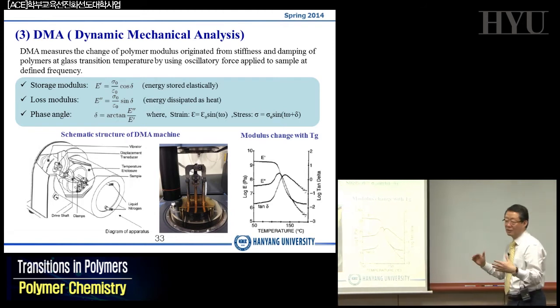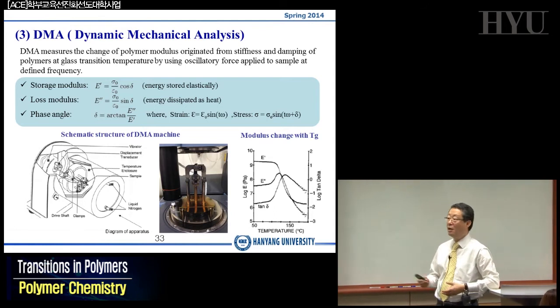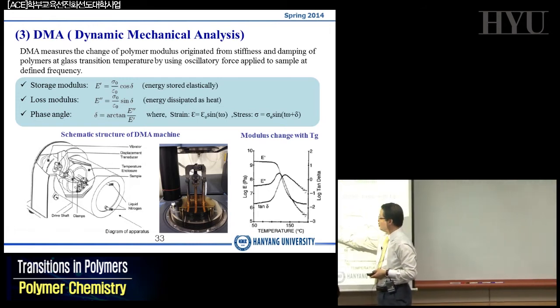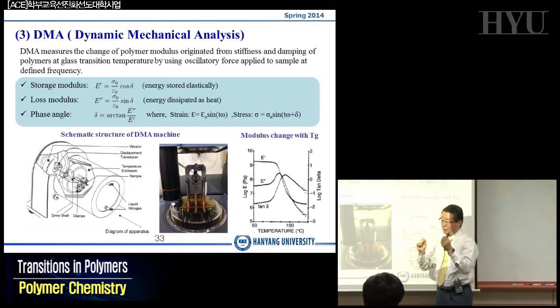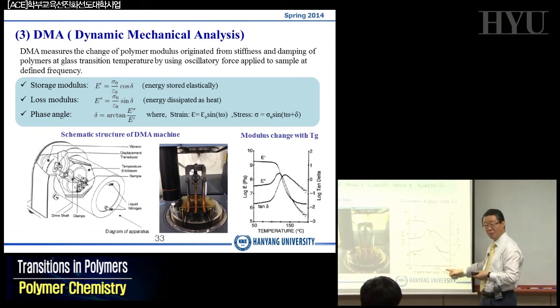Anyway, you can detect the Tg by DSC and DMA, and of course, by changing the amplitude, a high amplitude or low amplitude, and also the rate of increase of your temperature.